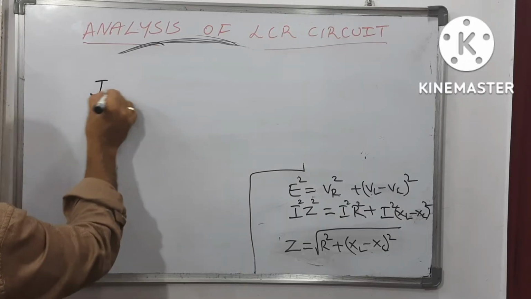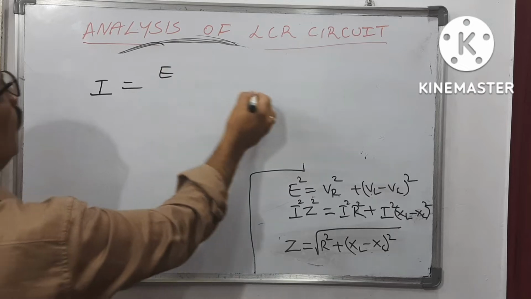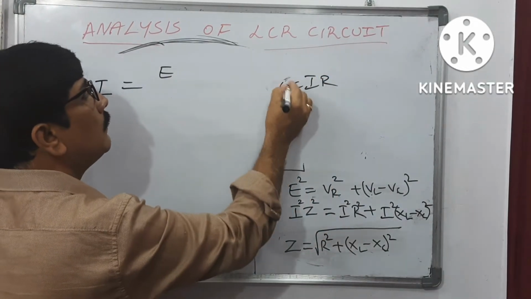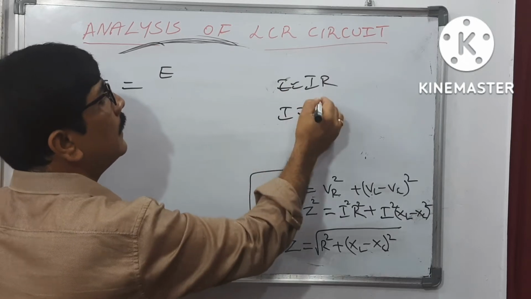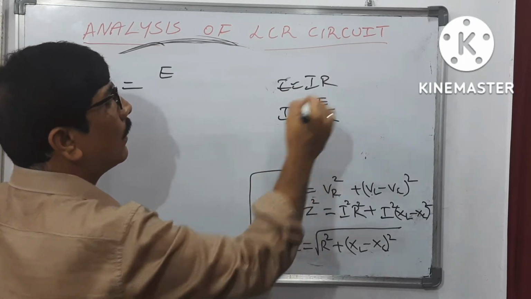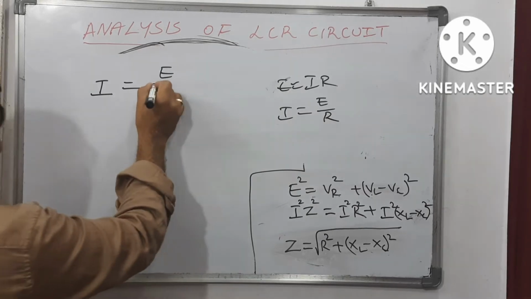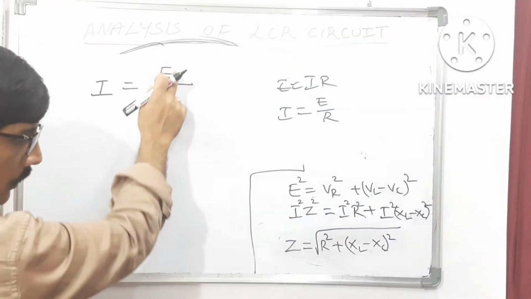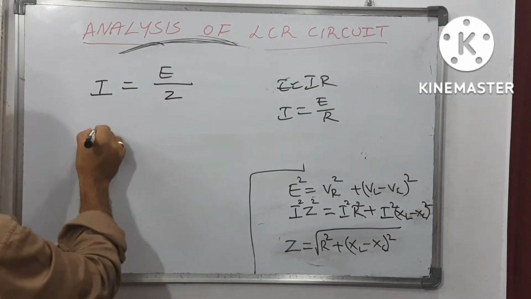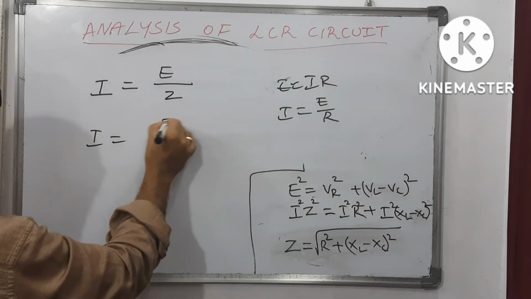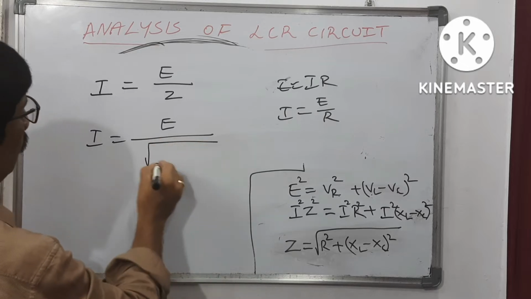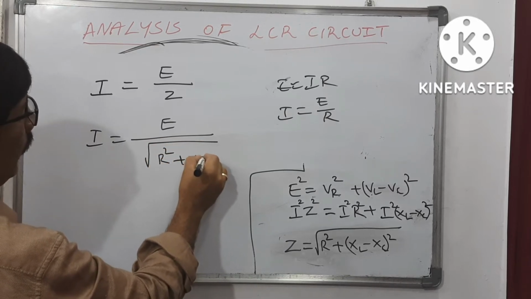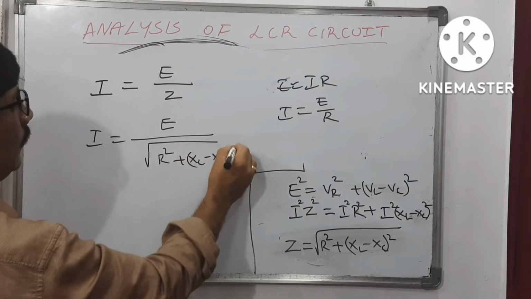If you want to find the current in the circuit, according to Ohm's law, V is equal to IR, you know it. It is also written as E is equal to IR. So I can be written as E by R. Here also, current in the circuit is nothing but the EMF in the circuit divided by Z. So it can be written as E divided by the square root of R square plus XL minus XC whole square.